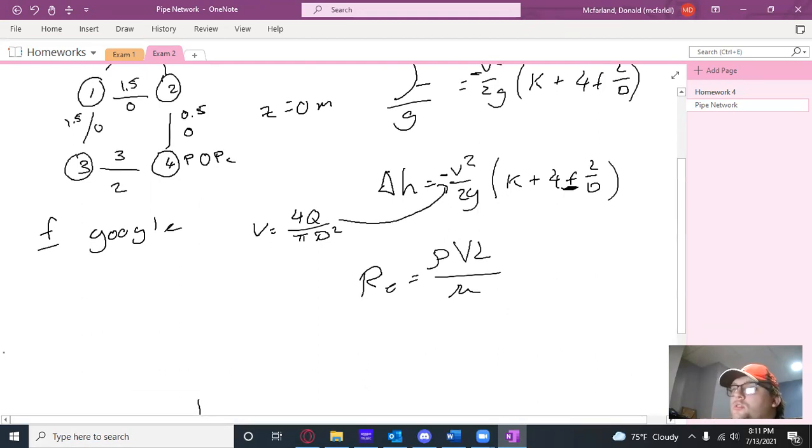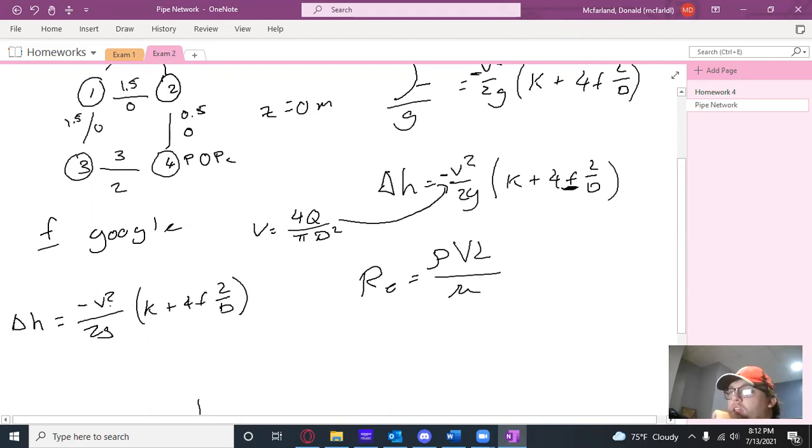So we got our equation down here. We have our delta head equal to negative velocity squared over 2g times K plus 4f L over D.